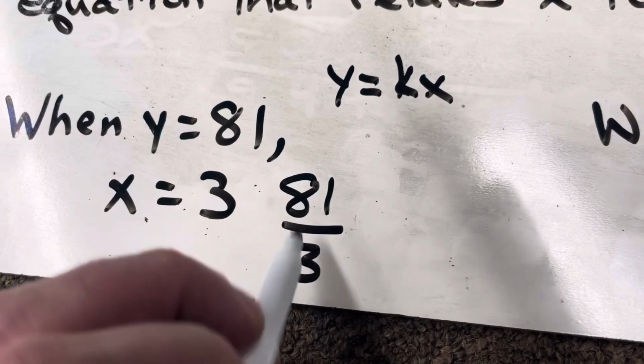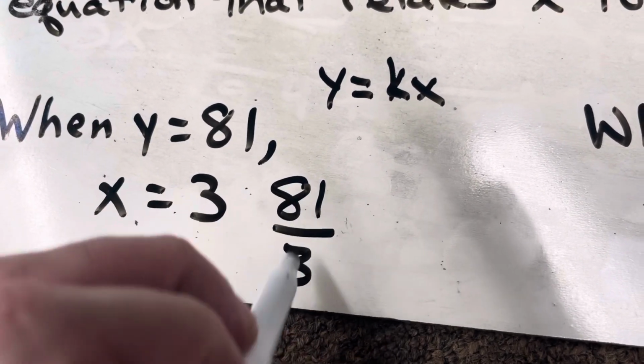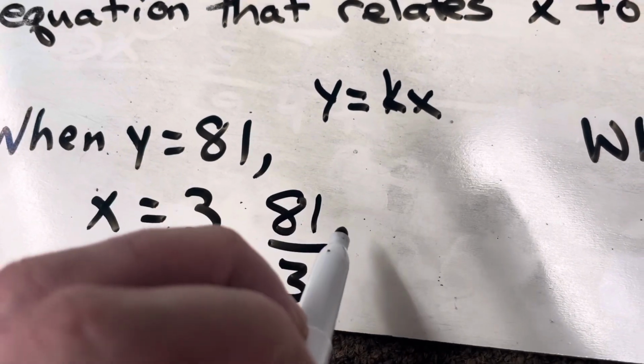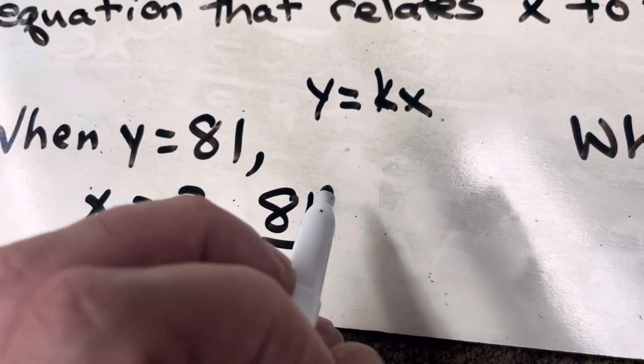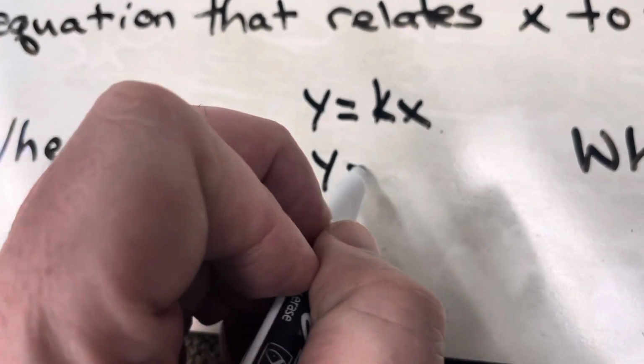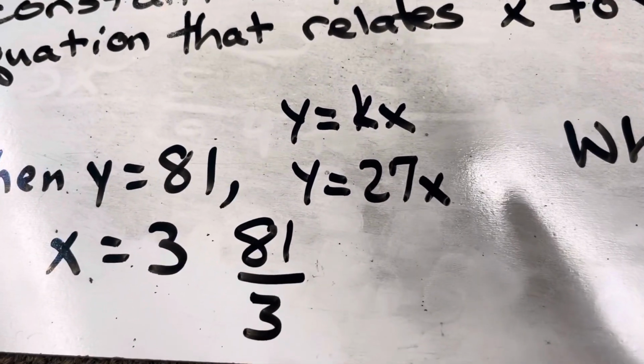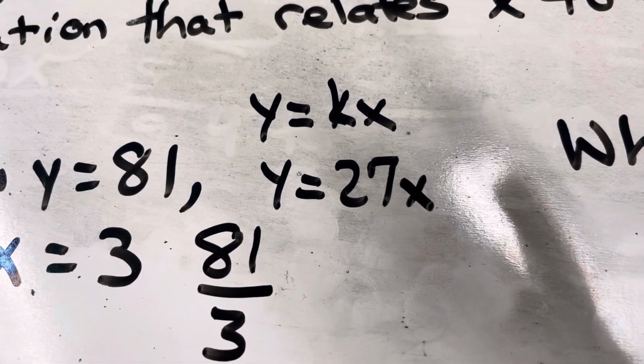I multiplied by something, so I'm going to divide. 81 divided by 3 equals 27. So basically, Y equals 27 times X.